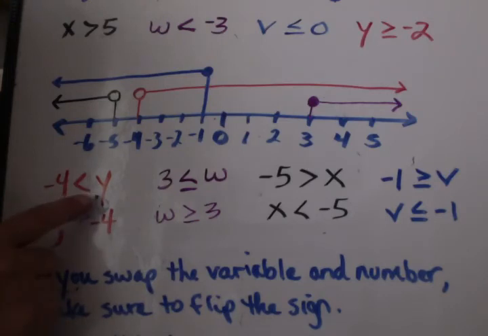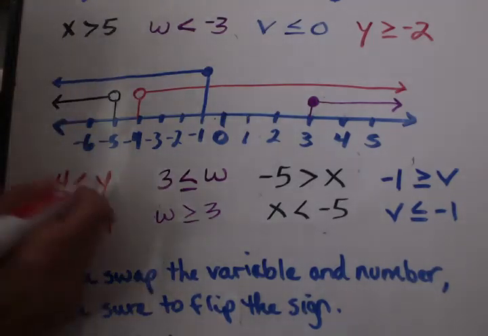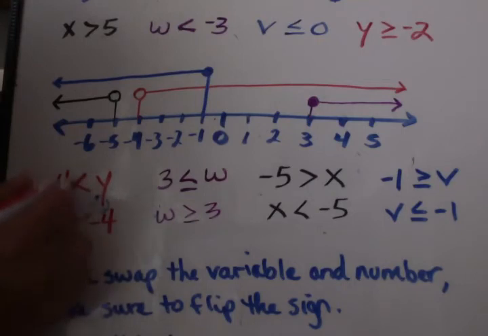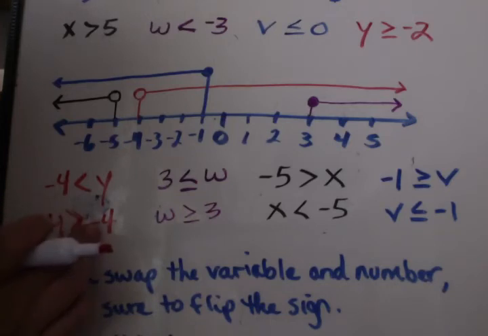If that gets confusing for you, what you can do is swap the two numbers, or swap the Y and the -4. However, when you swap the Y and the -4, you're going to have to flip that sign around. This is a less than, I would make it a greater than. So my equation -4 is less than Y is the same as Y is greater than -4.